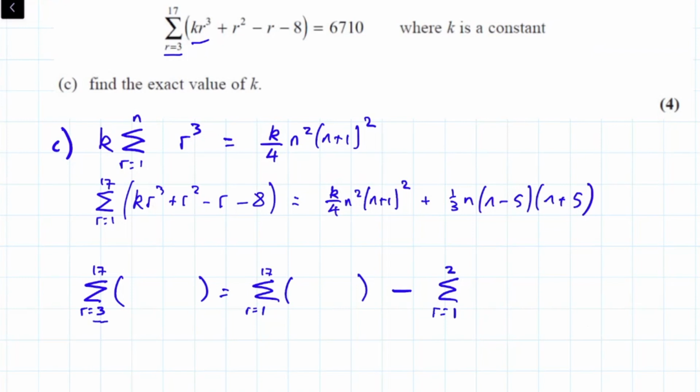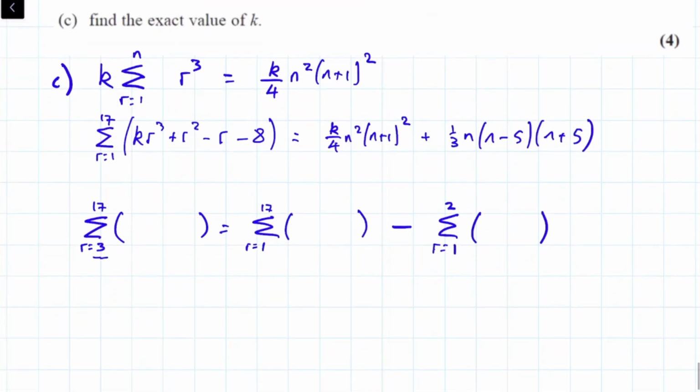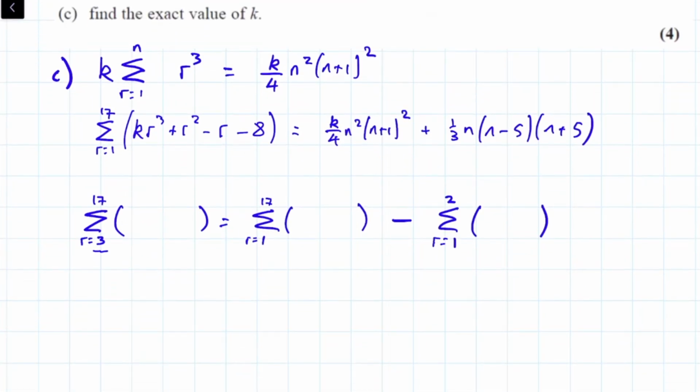Remember, it's always one less than that. We want to subtract the bit that is not required. Okay, and again, the whole cubic would go in the brackets. Right, we're going to have to just put in all the numbers now and see what happens.